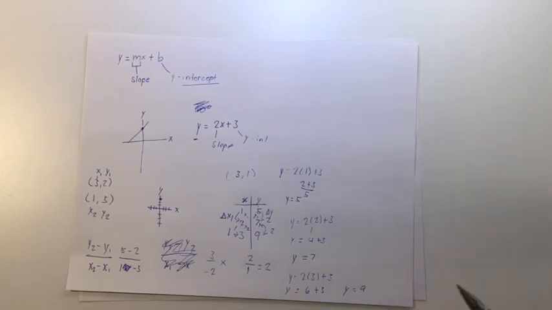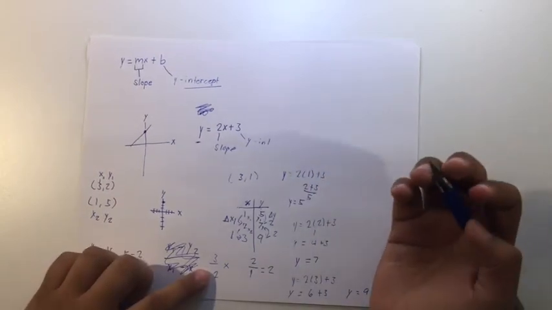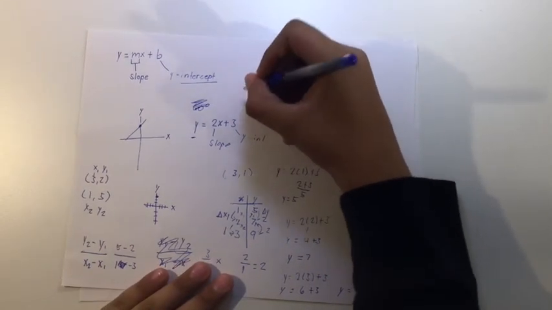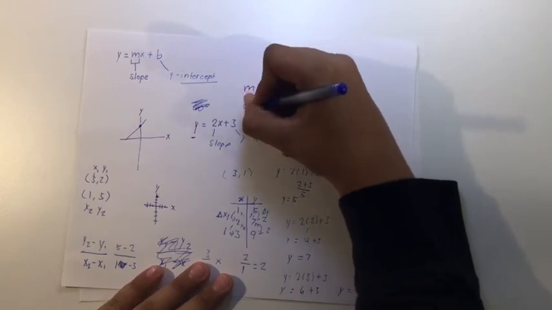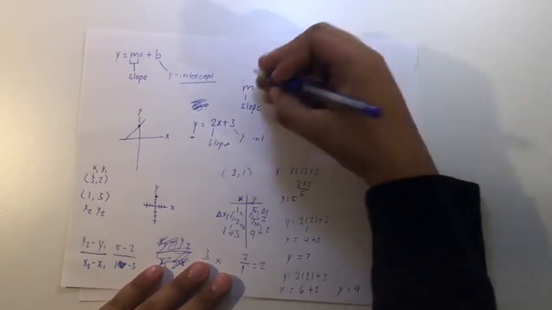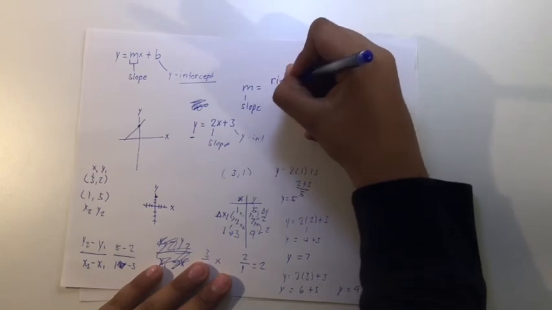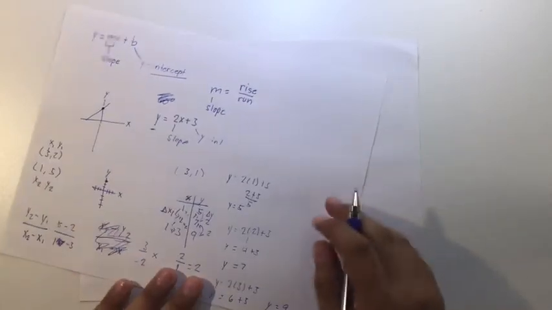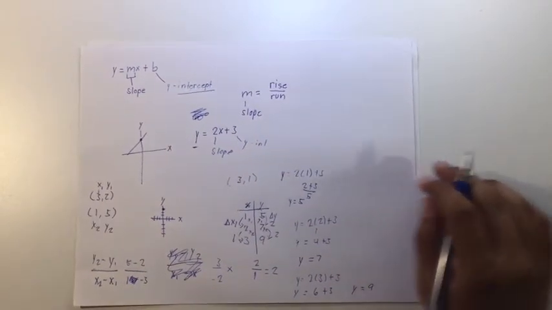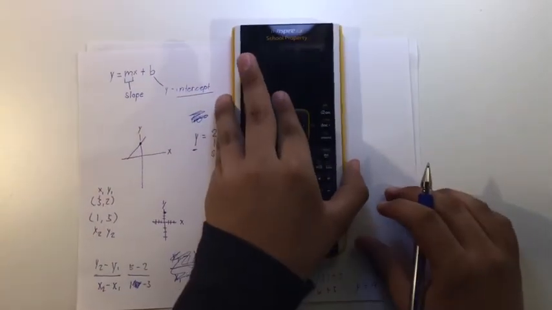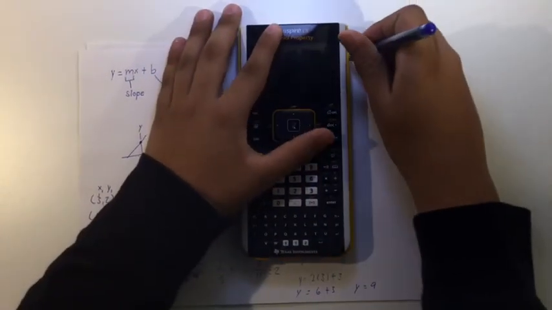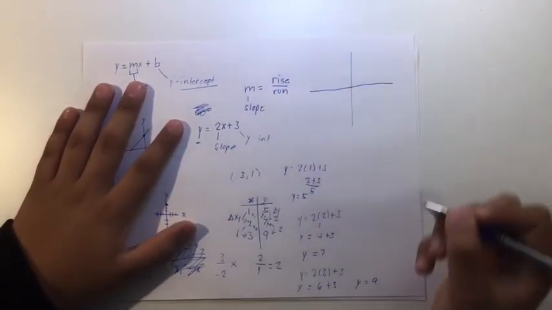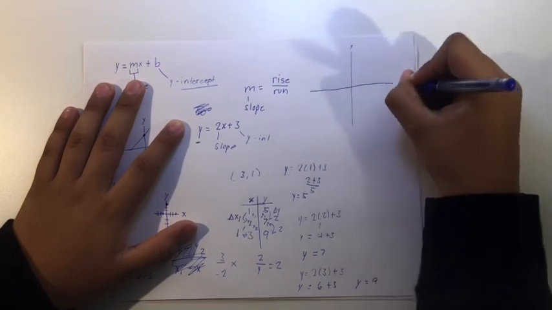To graph this, we would use a technique where m, which is our slope, equals rise over run. Now we would just draw ourselves a little coordinate plane, with y and x.